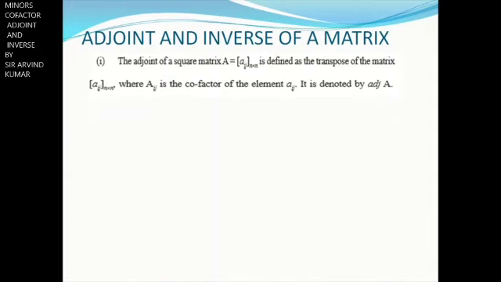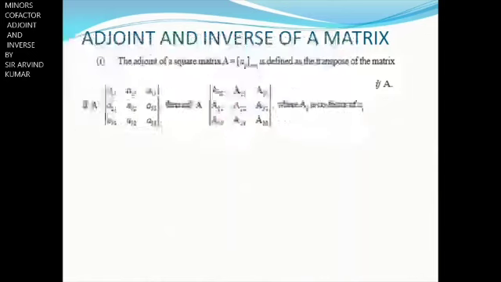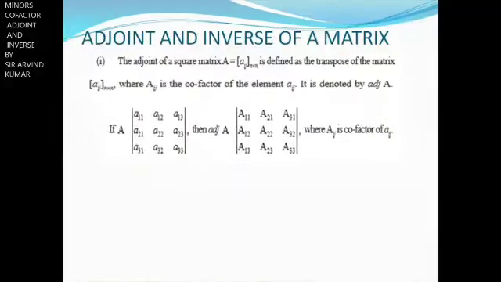For each and every element we have a cofactor, denoted by capital A11, A12, A13, A21, A22, A23, A31, A32, A33. Now the matrix which we obtain from the cofactors, when we find its transpose, is said to be the adjoint of A.